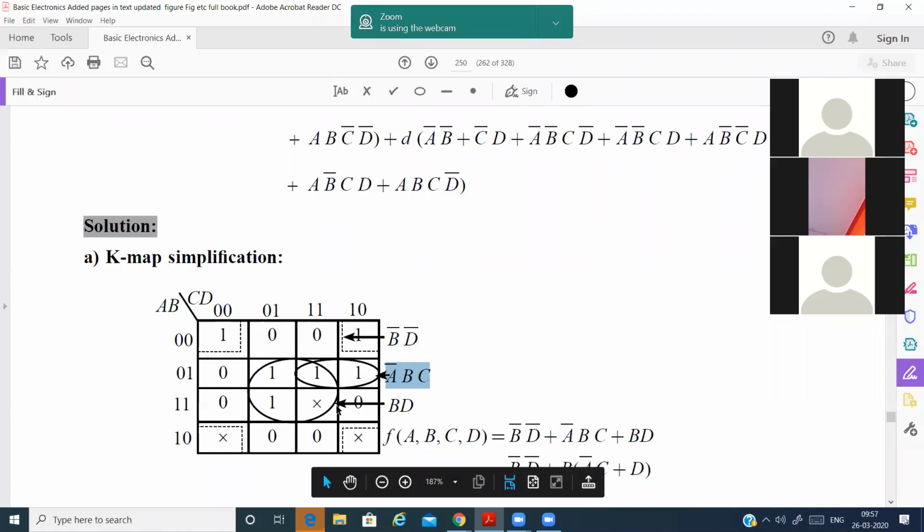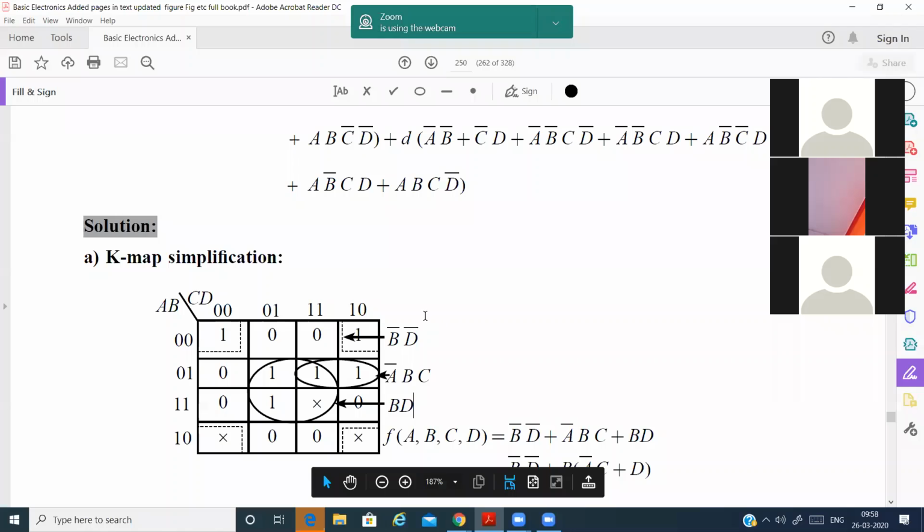Next, coming to this 4 number group. Which is common along the vertical? 1 1. 1 is in which position? B's position. So we write B first. Next, along horizontal, 1 is common here and here. 1 is the value of D. So write D here.